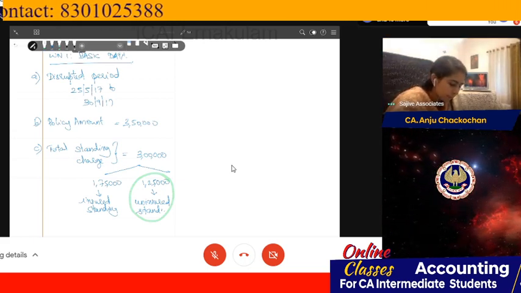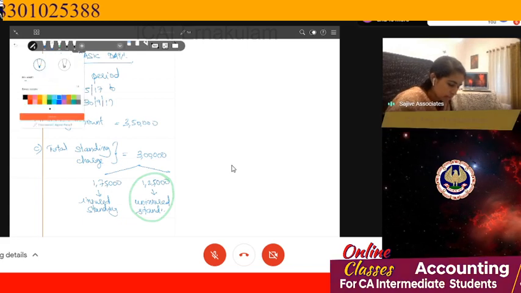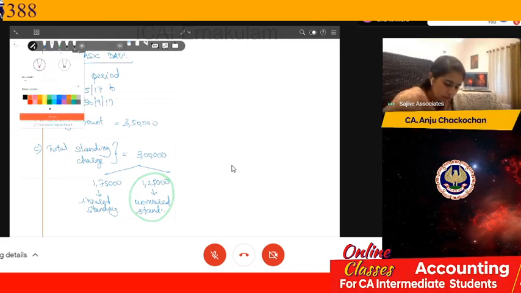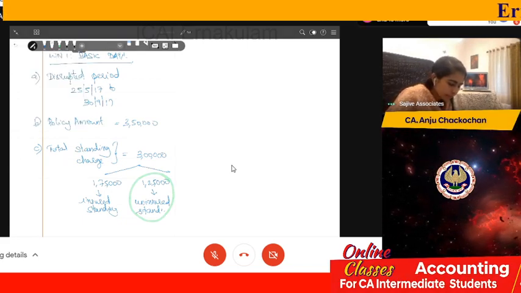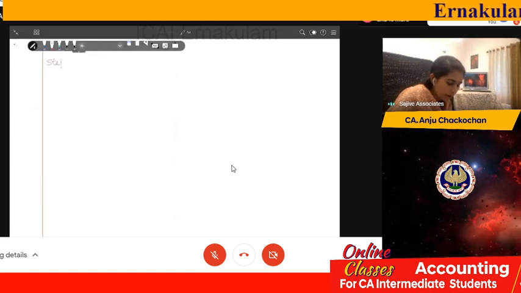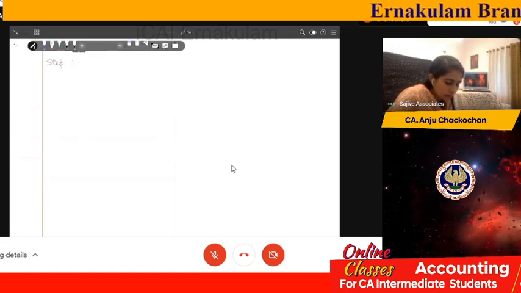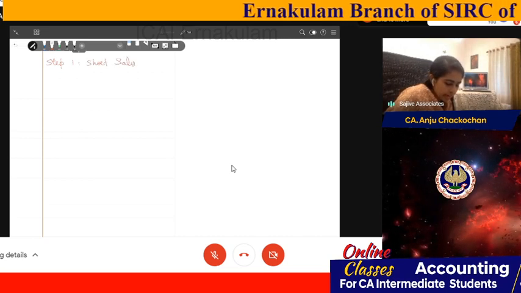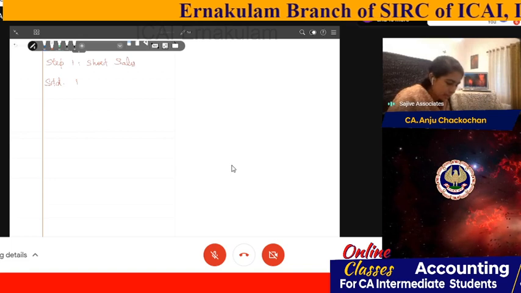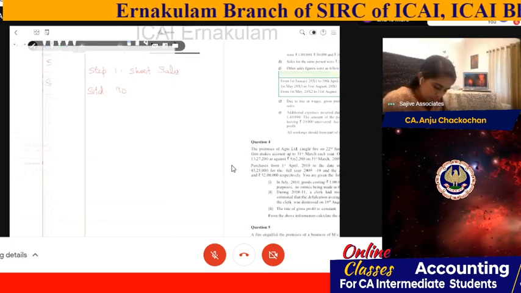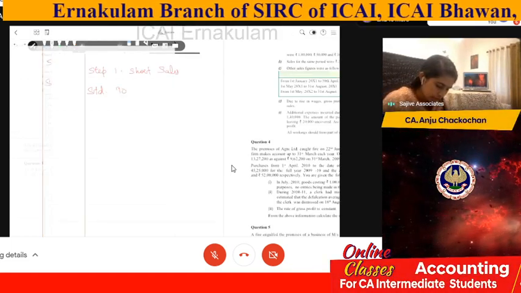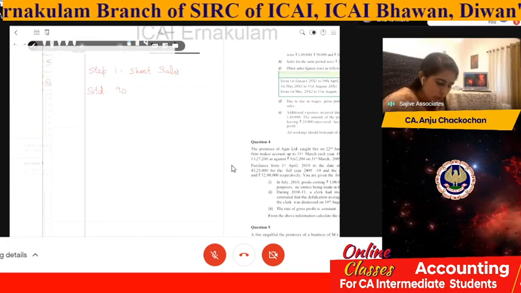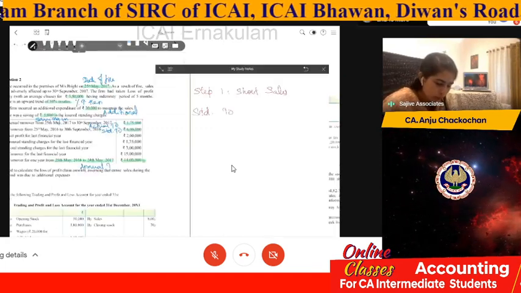Step 1 is short sales. We need standard turnover. We have that. Here in the question, we have already been given standard turnover plus or minus trend, which we'd be doing.